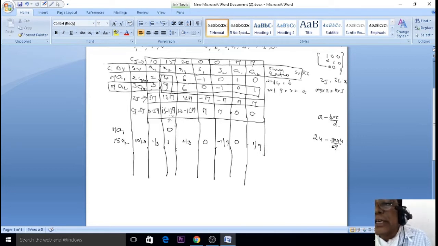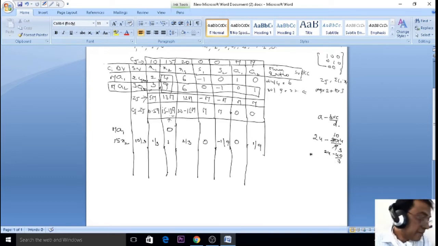So please calculate: 24 minus 40 by 3. Take the LCM and solve it, and we get 32 by 3. Like this, go to the next, same thing with A, B, C and D. Apply our formula and you will get 2 by 3.